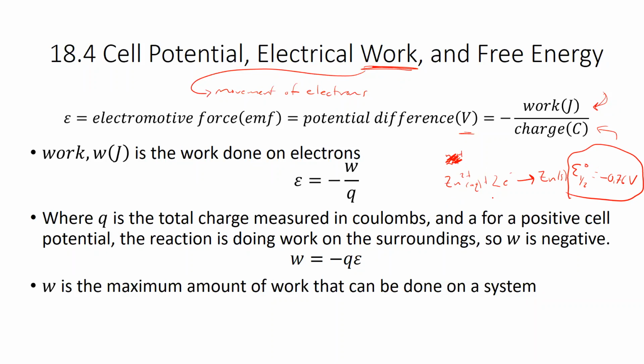And the charge that we're talking about comes from moving those electrons. So it's that work you can do per 2 electrons, essentially, in this particular half reaction. Whether you double the half reaction or triple the half reaction, you're going to double or triple the work, but you're also doubling or tripling the electrons, so the potential stays the same.